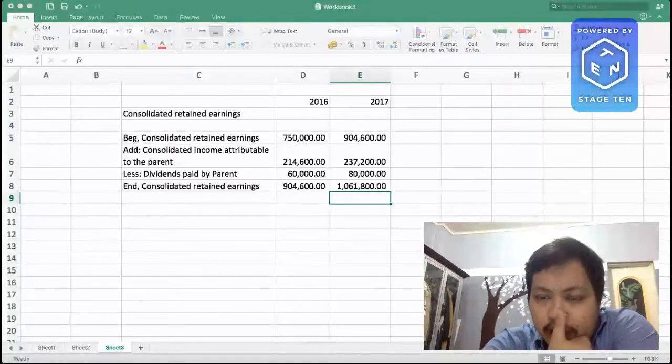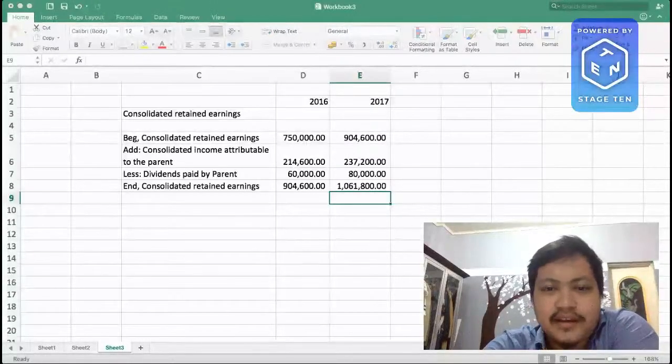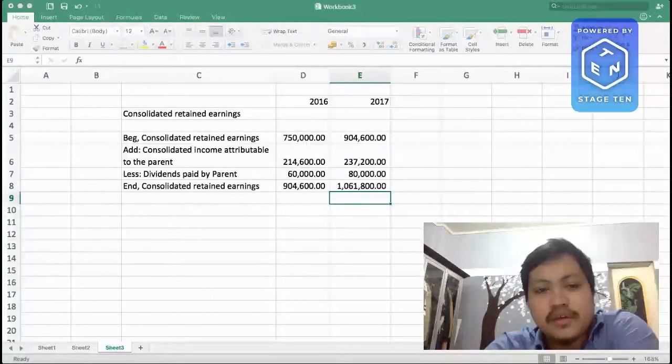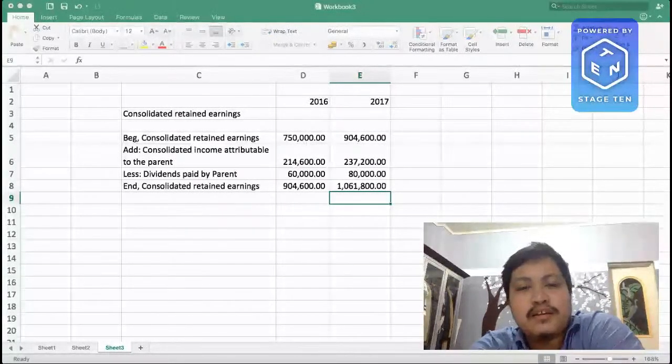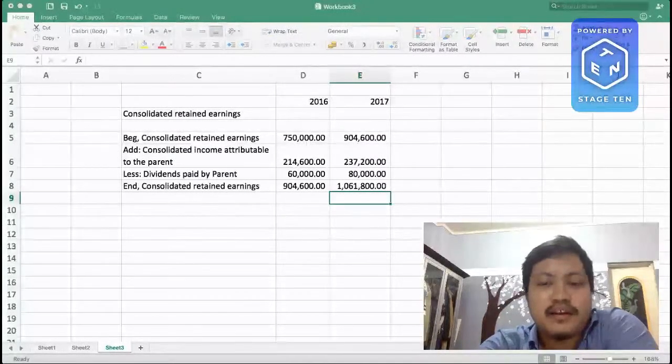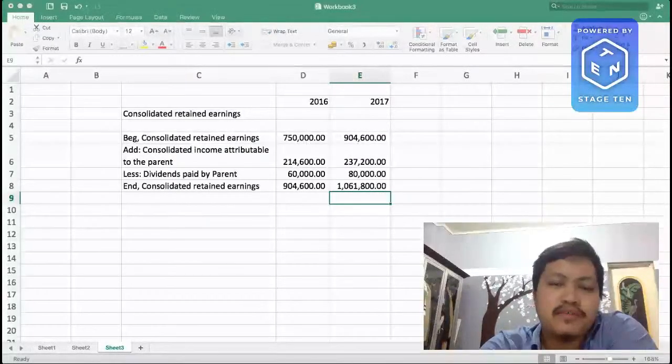So, out of the assets of the subsidiary, class, the fixed asset with a book value of 40 has a fair value of 100. So that means the book value of the net assets of the subsidiary as compared to the fair value, class, is understated by 60,000. Okay.